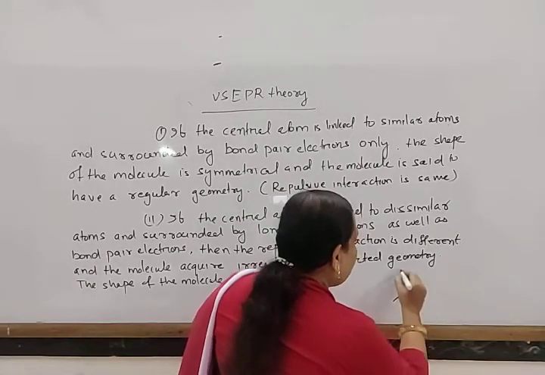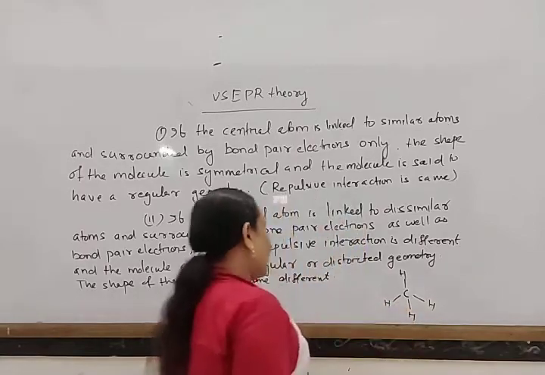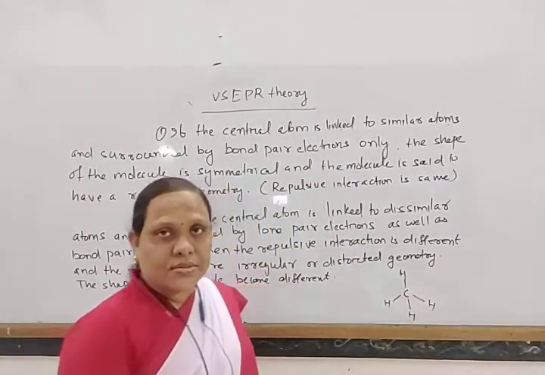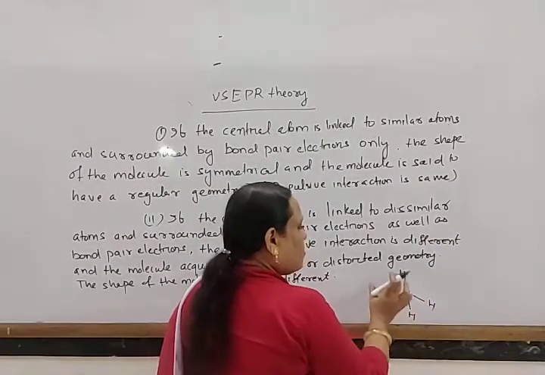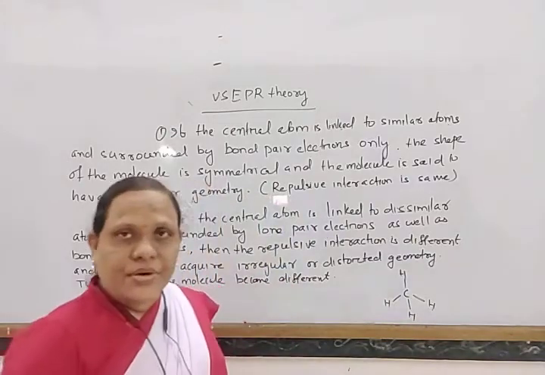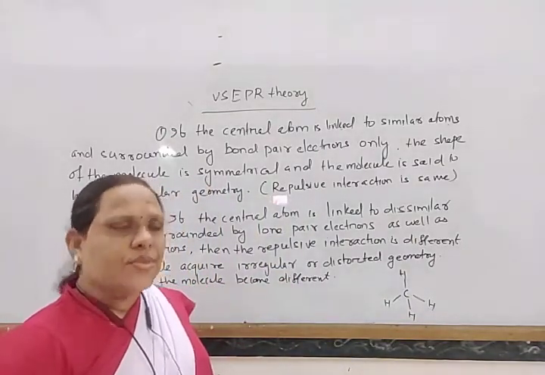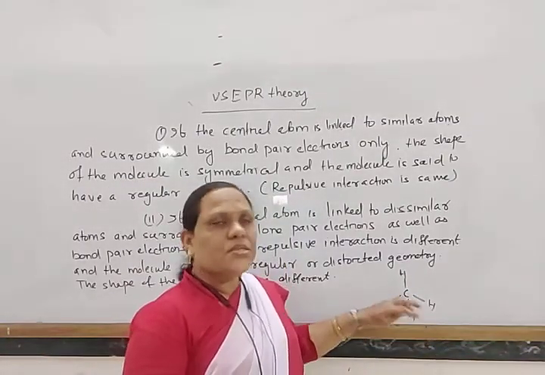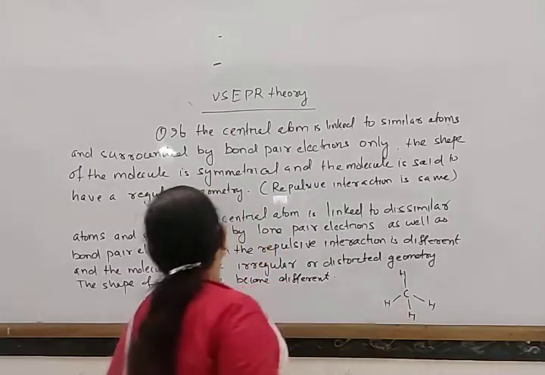Here the carbon atom is surrounded by only bond pair electrons and similar hydrogen atoms. So we can say the shape of the methane molecule is regular, and it has a tetrahedral shape. How this shape arises, we will discuss later.